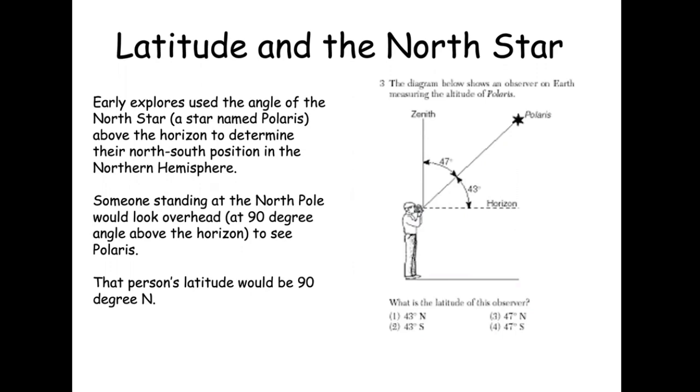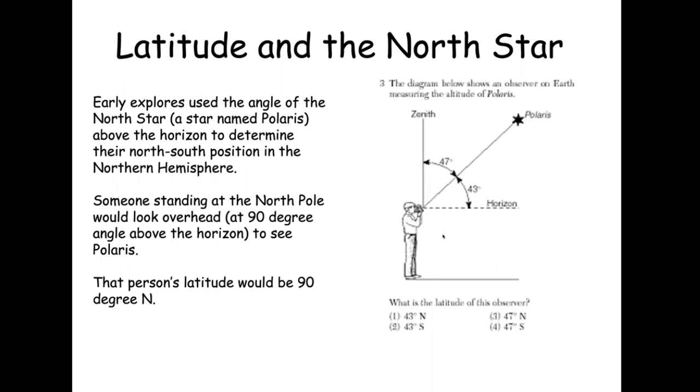So someone standing at the North Pole would look overhead at a 90-degree angle above the horizon and see Polaris. That person's latitude would be 90 degrees north.